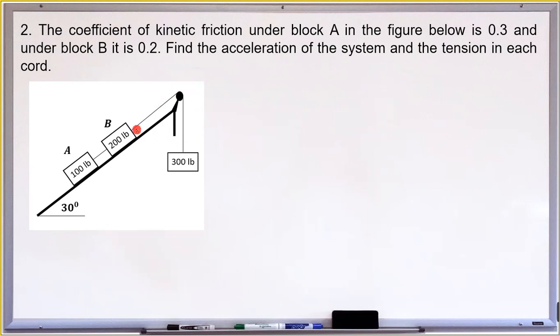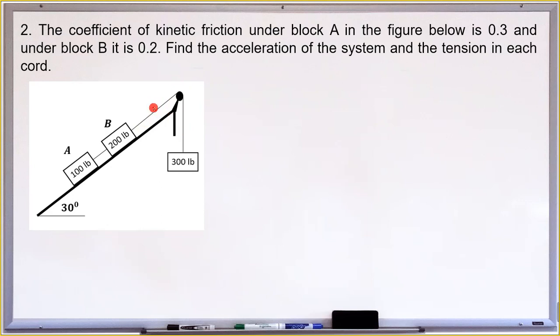So if the two objects are connected via a single cord, and assuming that the pulley right here is frictionless, then we can say that the tension on this side and also on this side are equal.